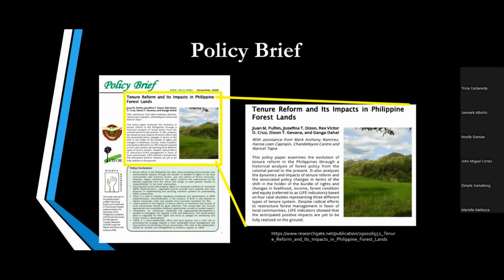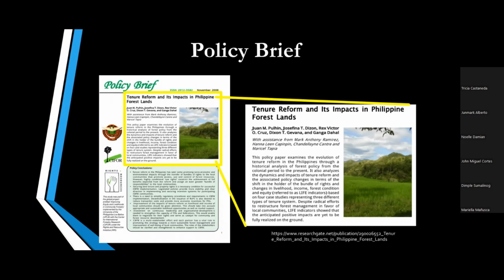Halimbawa, meron kang research about community-based forest management and yung impact ng iba't ibang tenure reforms sa mga upland communities. And then pinag-aralan mo doon sa iyong research na ang ganito palang particular tenure reform is bagay kapag ganito ang structure ng community. So anong gagawin mo ngayon?